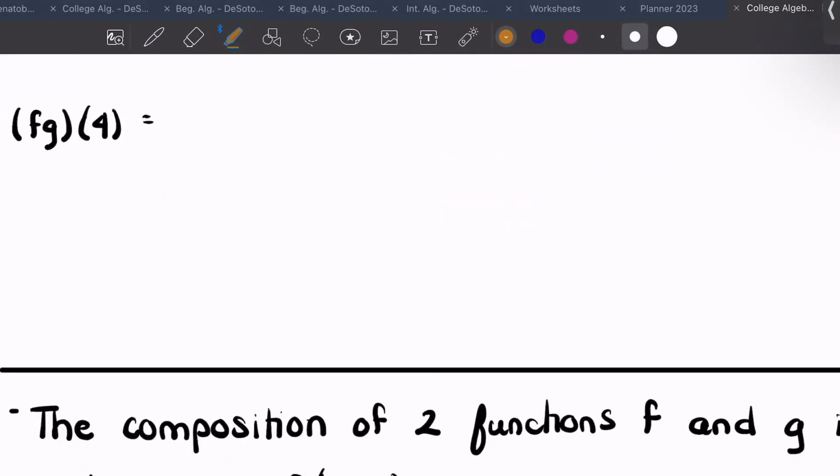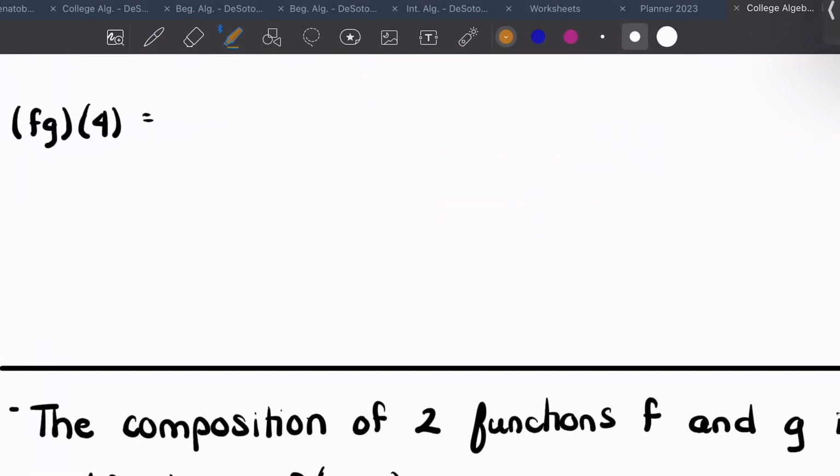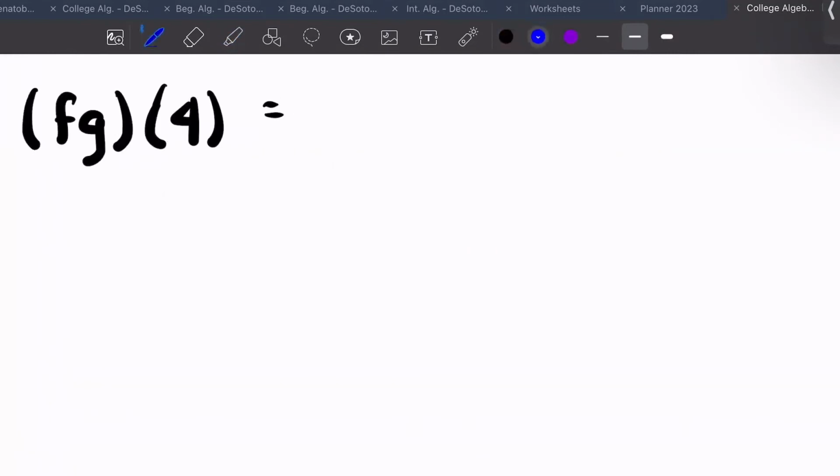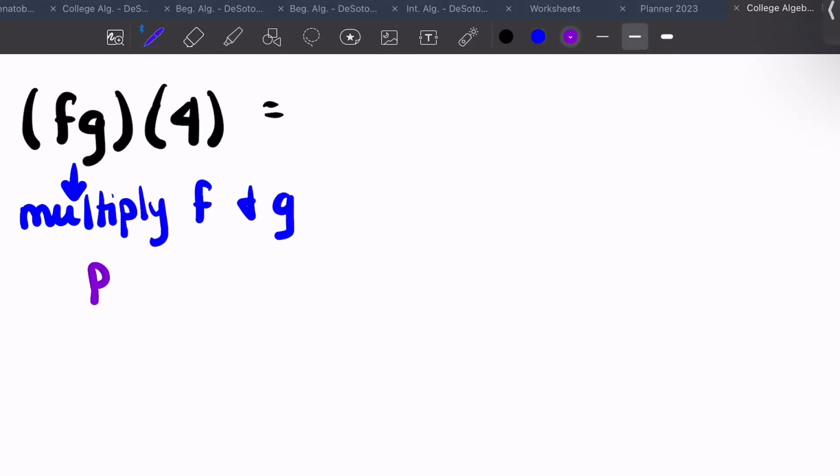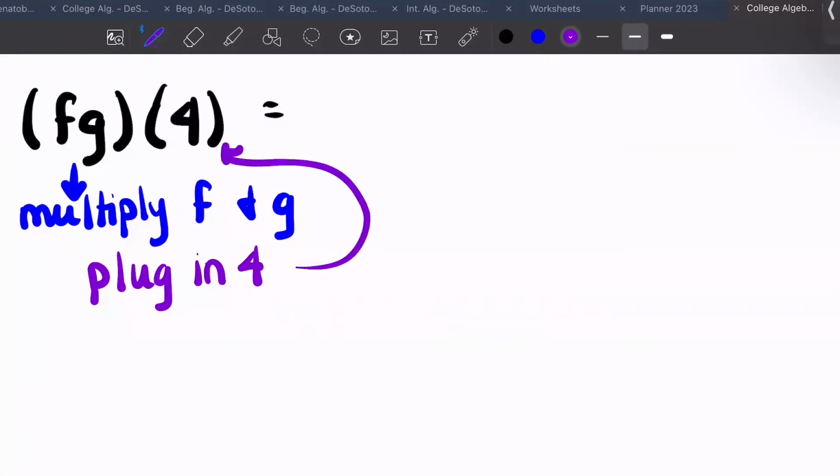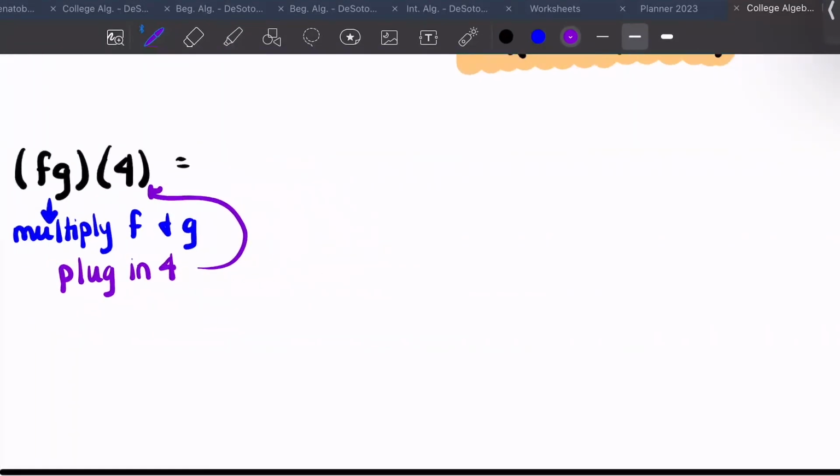Now let's do f times g of 4. So we're going to multiply f and g, and then plug in 4. So that was this part. So let's multiply f and g.